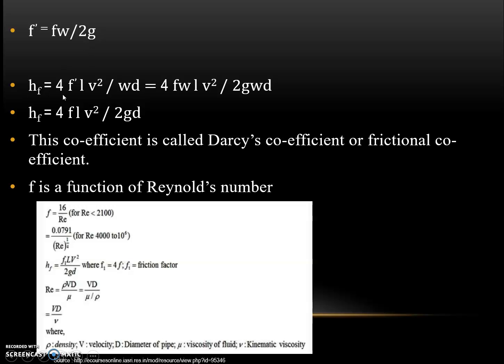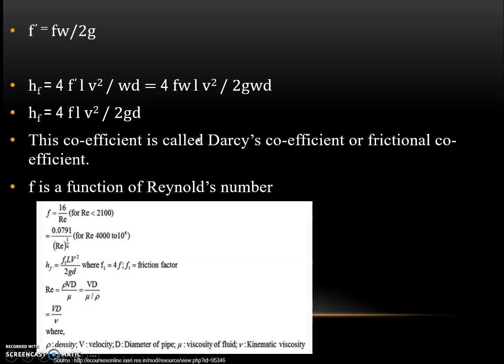So HF is equal to 4FWLV square divided by 2GWD. So final equation for HF is equal to 4FLV square divided by 2GD.